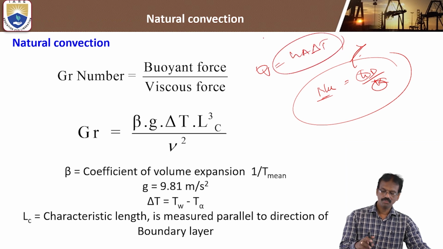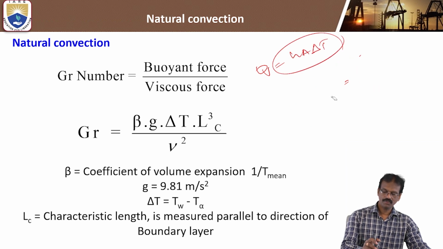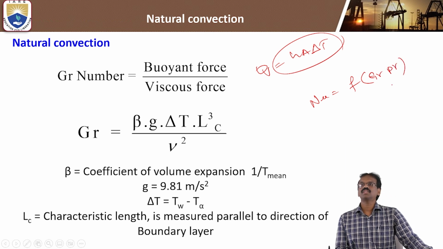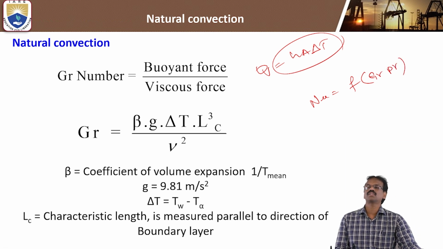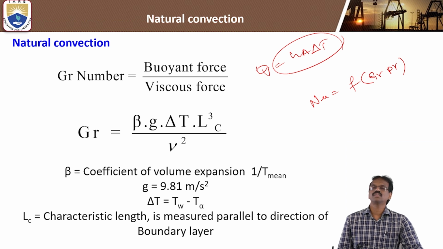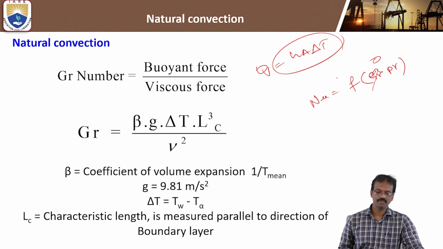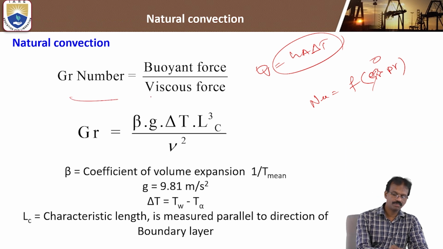In natural convection, Nusselt is a function of Grashof number and Prandtl number, but in forced convection, Nusselt is a function of Reynolds number and Prandtl number. In place of Reynolds, here we have the Grashof number.